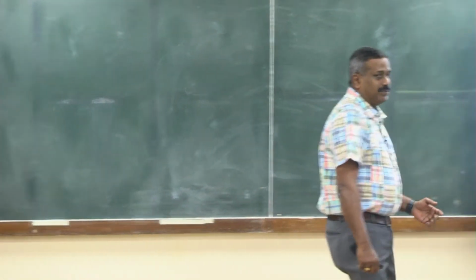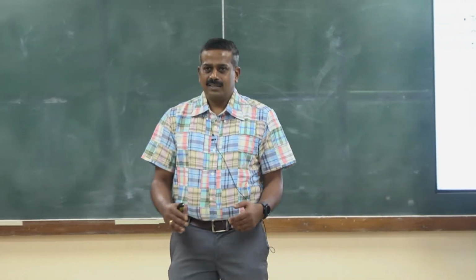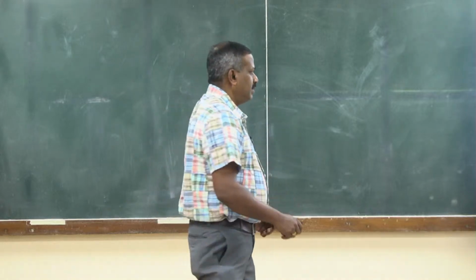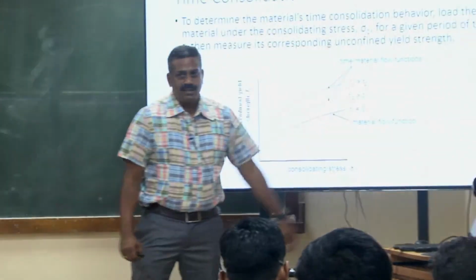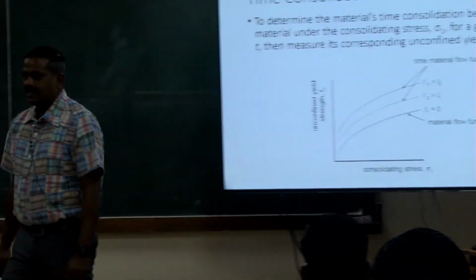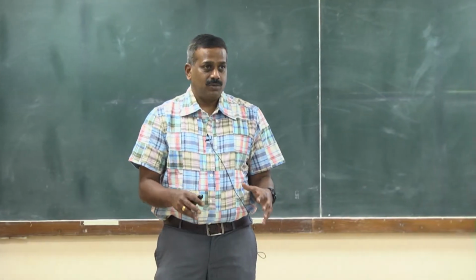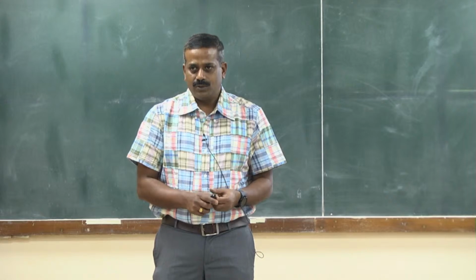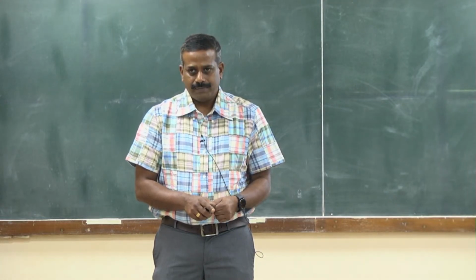And keep it for 2 days, 5 days, a week, 2 weeks, then test the unconfined yield strength. That's what we commonly do. With an increase in time consolidation, in general, the unconfined yield strength will also go up. So the amount of strength needed to make the powder flow will also go up, due to the effect of time consolidation. Okay, clear?